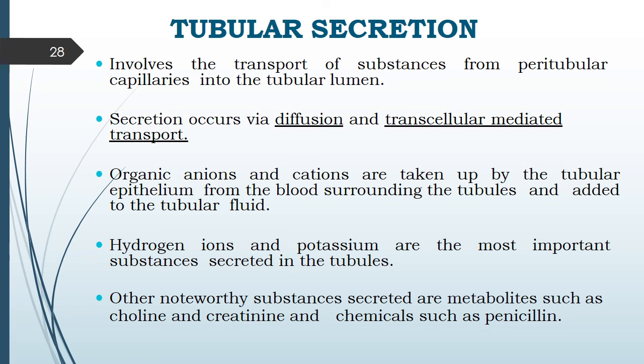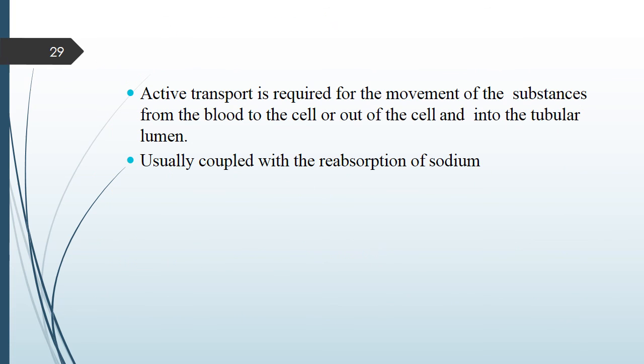Hydrogen ion and potassium are the most important substances secreted in the tubules, and other noteworthy substances secreted are metabolites such as creatinine and chemicals such as penicillins. So the plasma is cleared of unwanted substances by the tubular secretion method.